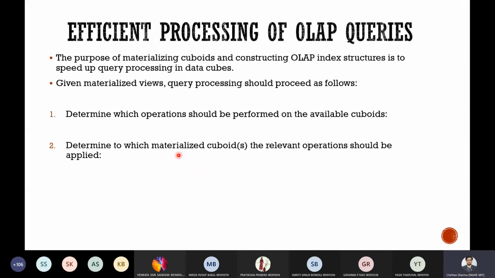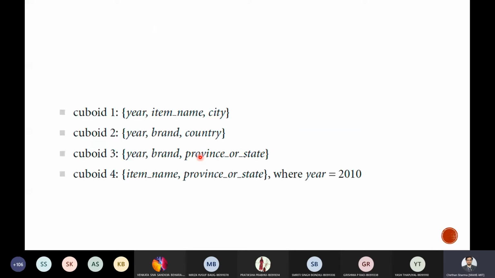This involves identifying all the cuboids which may contain the answer to a particular query. Out of these, you have to determine the cuboid such that the cost is less, where cost here is the computation cost. There is one example given.